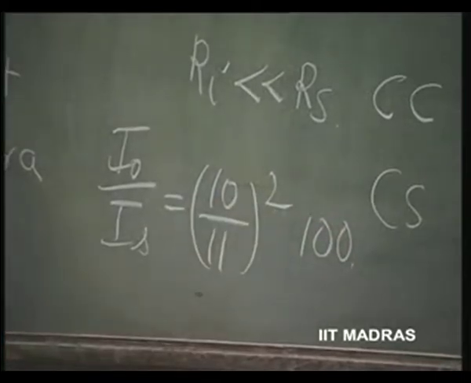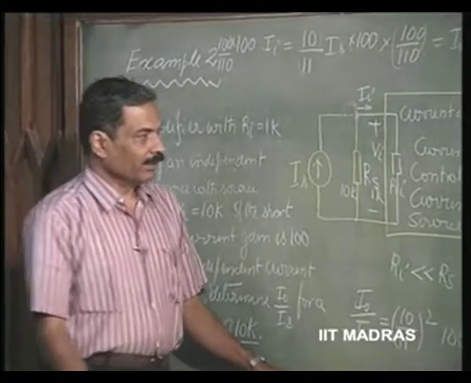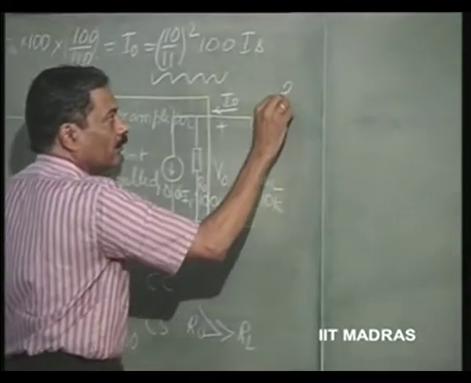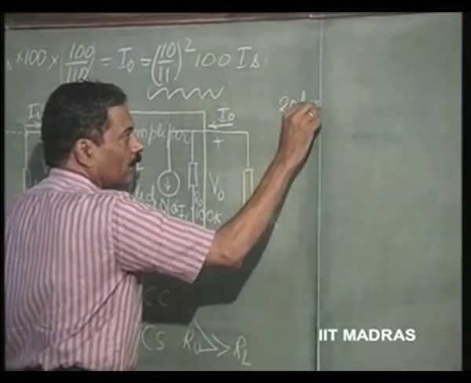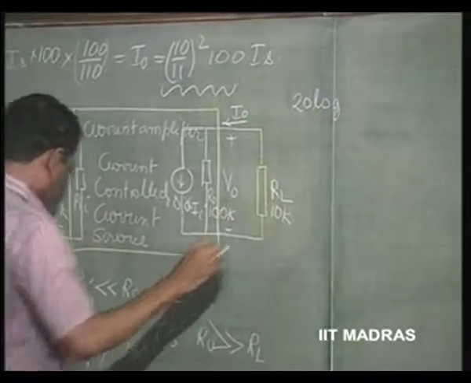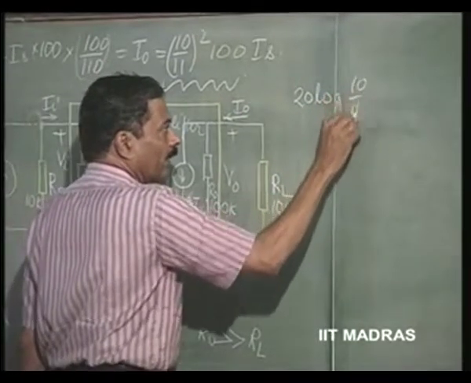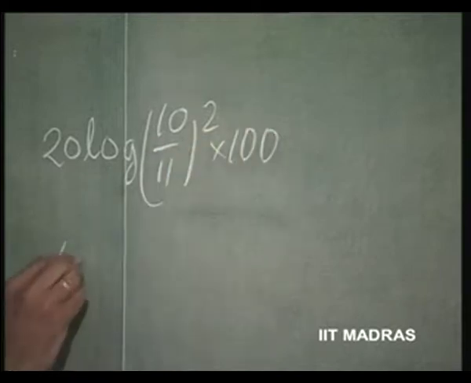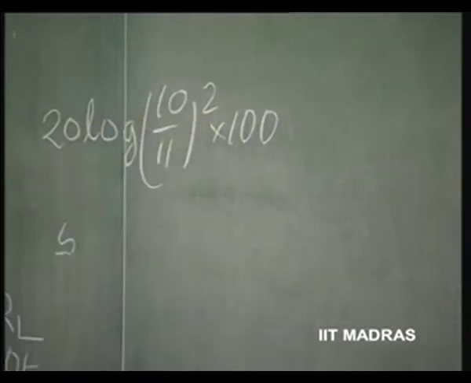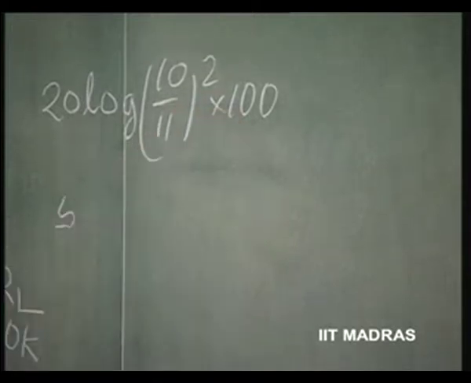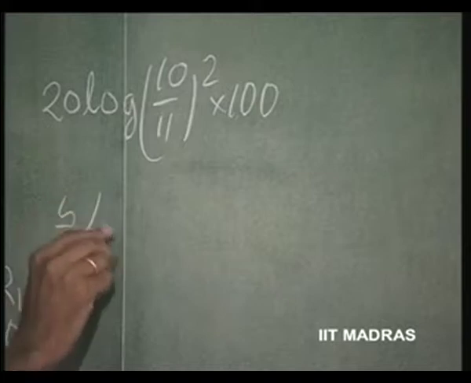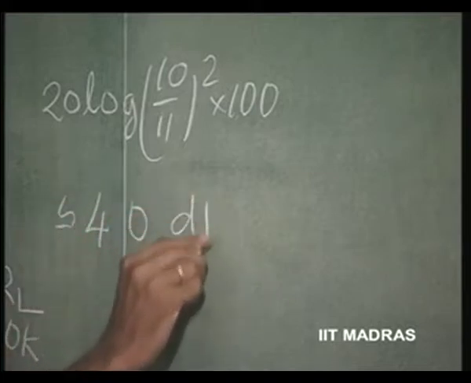Or if you want to express this as decibels, it will be 20 log of 10 over 11 whole squared into 100, which is of course pretty close. This being close to 1, this is about 2 into 20, which is 40 decibels.